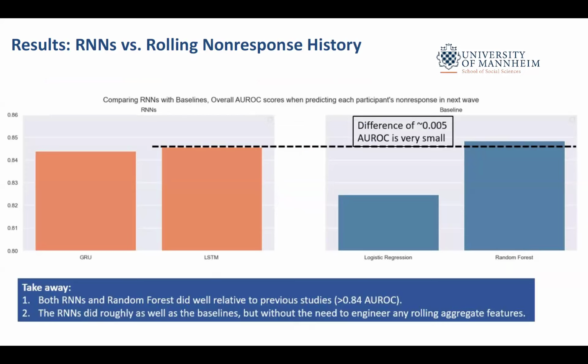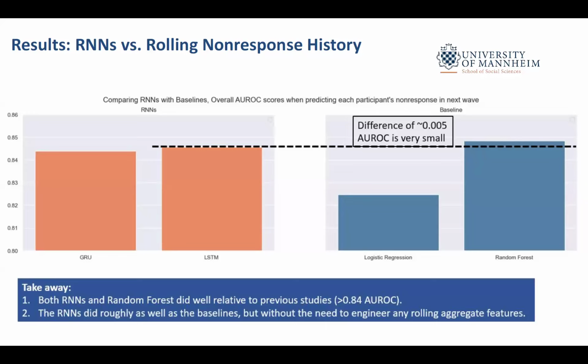And what does this tell us? It tells us that the recurrent neural network, the long short-term memory model, and sitting next to that is GRU, gated recurrent unit. That's another kind of RNN that didn't do quite as well. But the LSTM is learning from the data that the rolling average over the past 3 waves is a good way to account for temporal dependency, and it's doing that automatically.